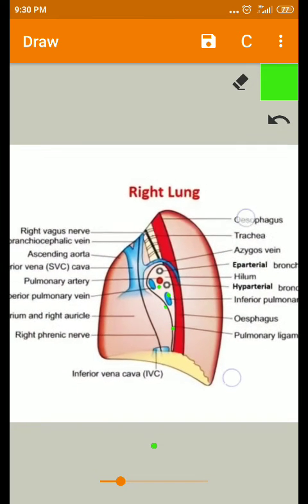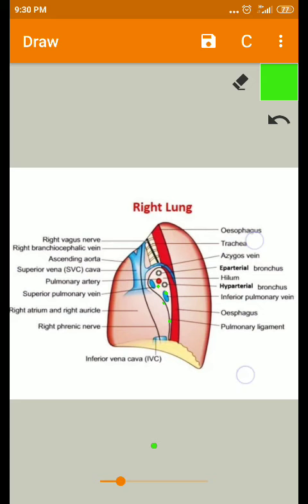Now, what are the structures related to the right side of the lung? I have already mentioned that the mediastinal surface is divided into two parts. One is the mediastinal part anteriorly, and this one is the vertebral part.